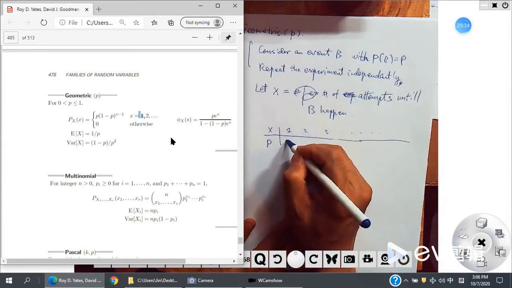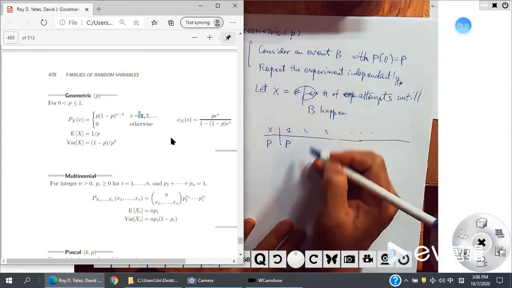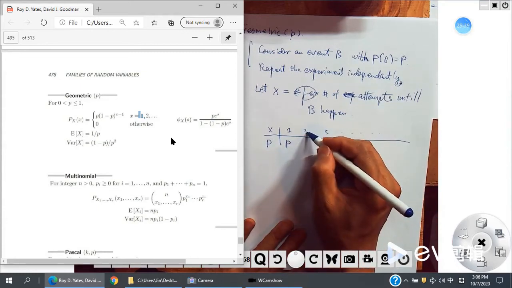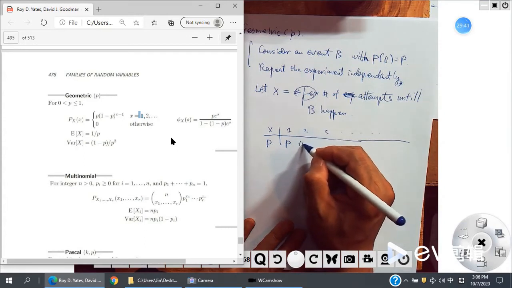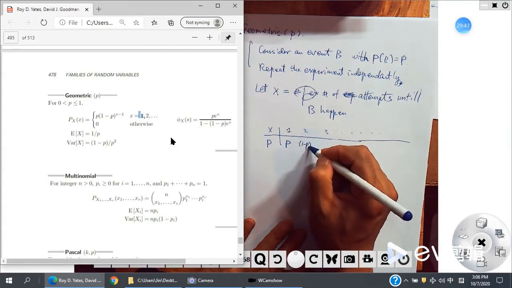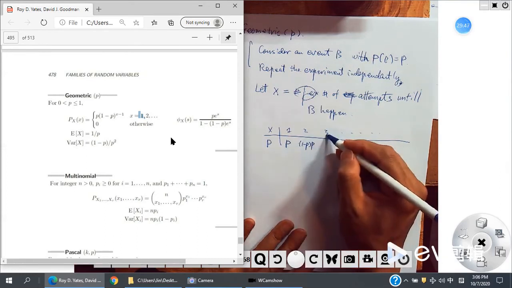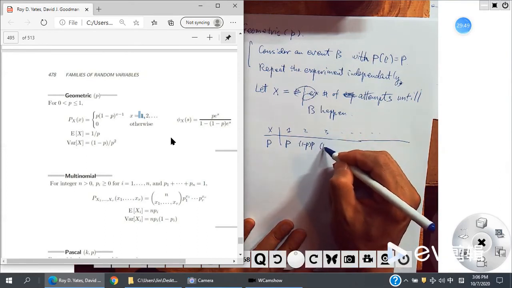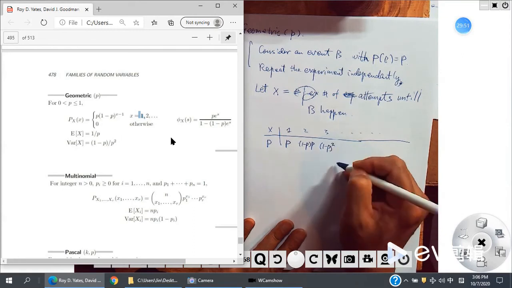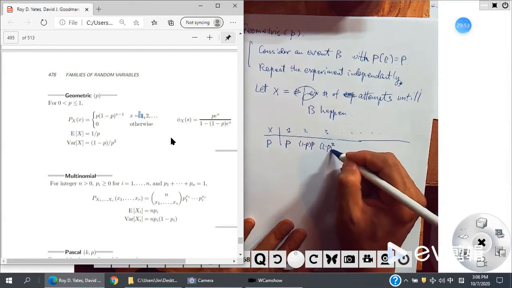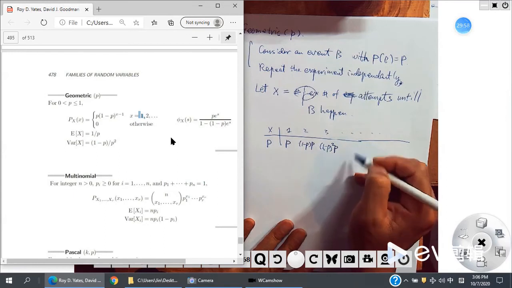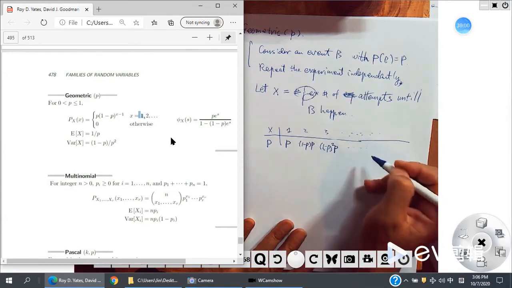And then the probability, if the first time you obtain B, the probability is P. If you get it the second time, the first time you didn't get it, right? And the second time you get it. The first 2 times you do not get it, 1 minus P is B didn't happen, and okay, the third time B happened, and so on. Make sense?